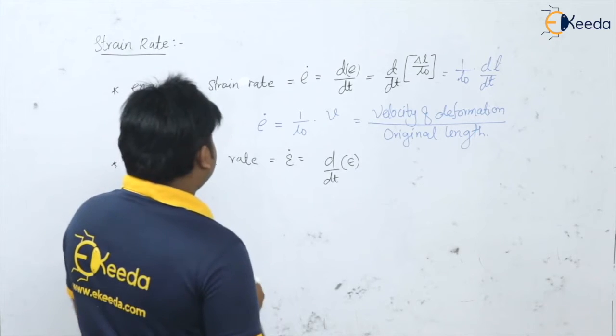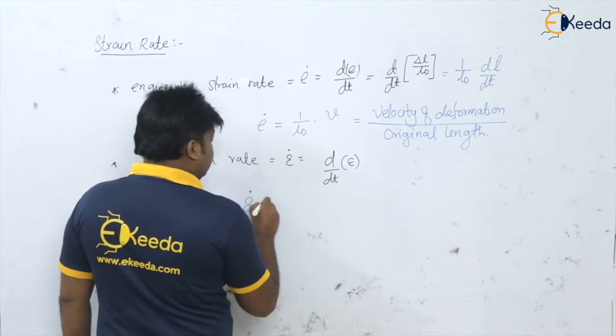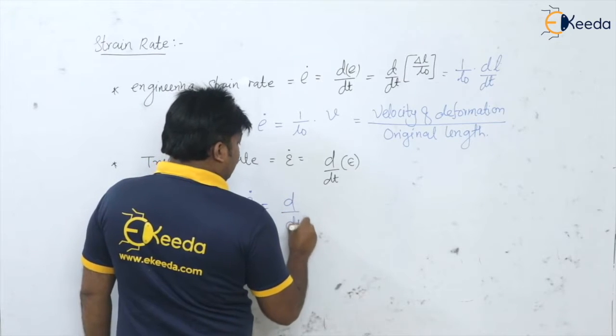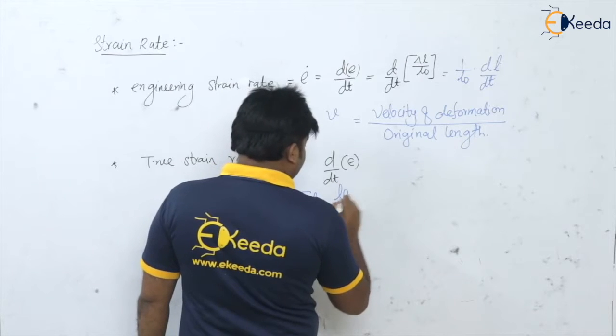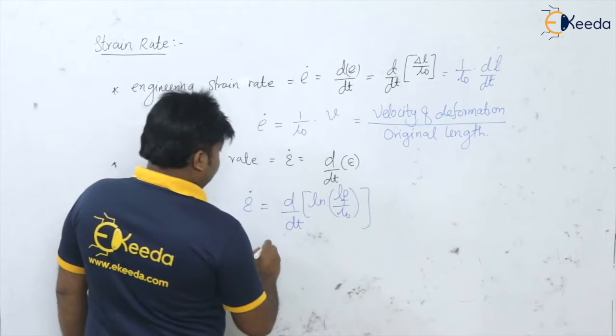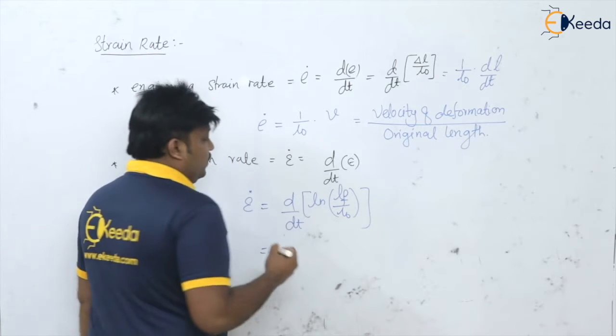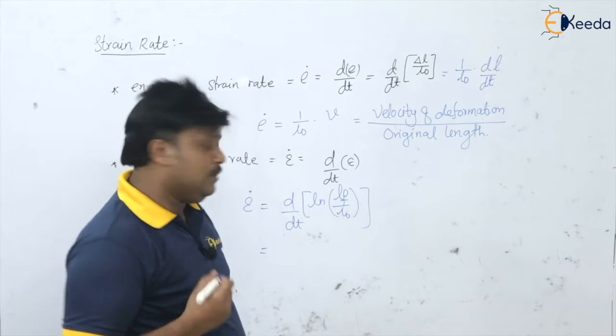Now in the same fashion, epsilon dot is equal to d/dt of ln of LF by LO, isn't it? So what is the derivative of natural log of x? It is 1 by x.